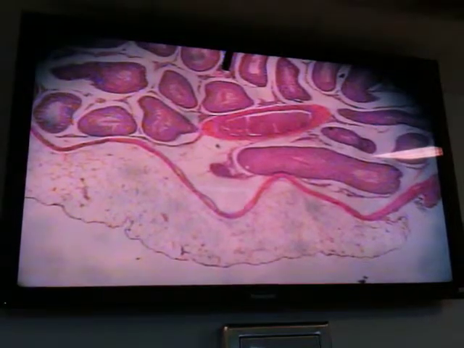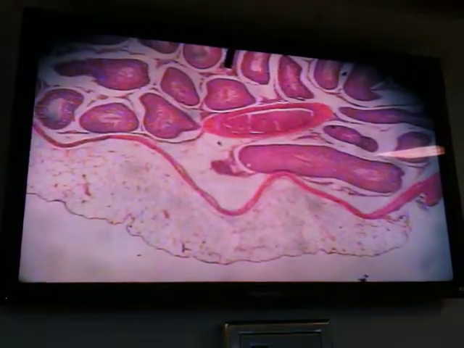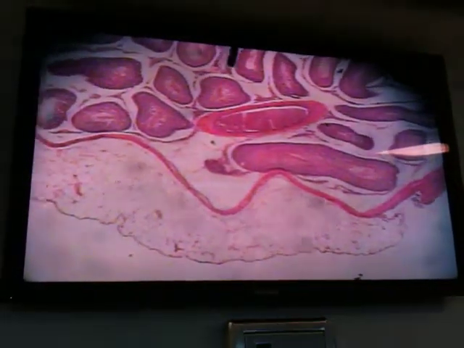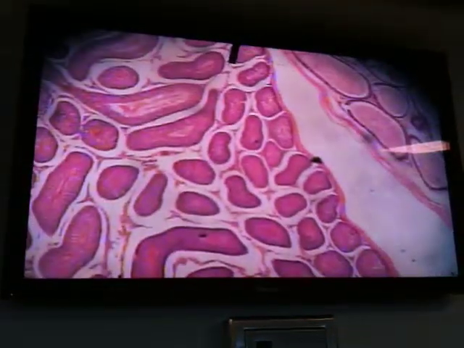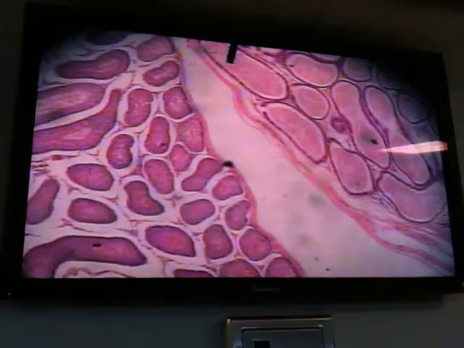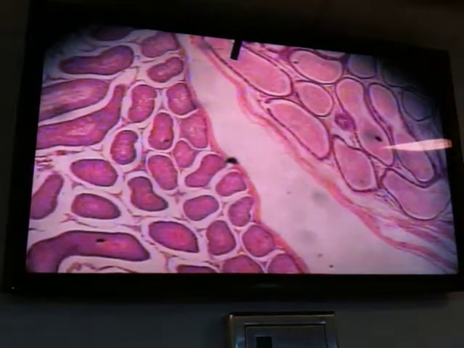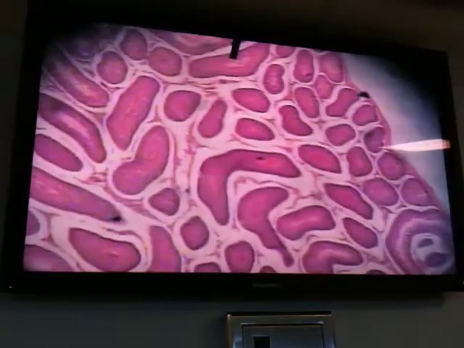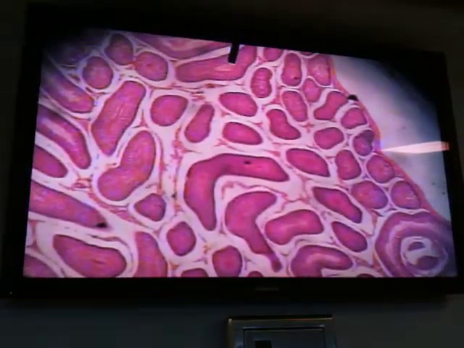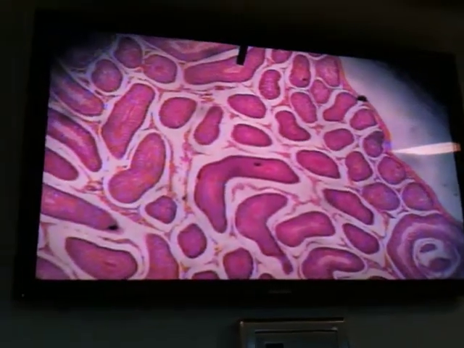Now, before we go to higher magnification here, let's compare the look of the seminiferous tubules with the look of epididymis here. See, if you take a look at the lumen of the seminiferous tubules, it will have a very irregular surface because you don't have an epithelium there.